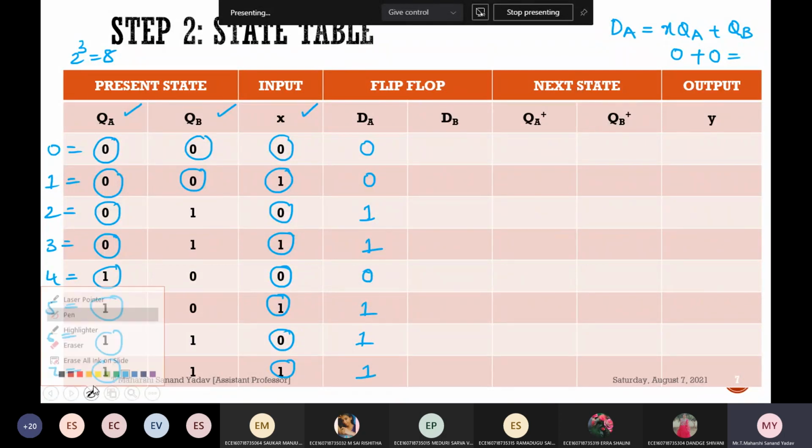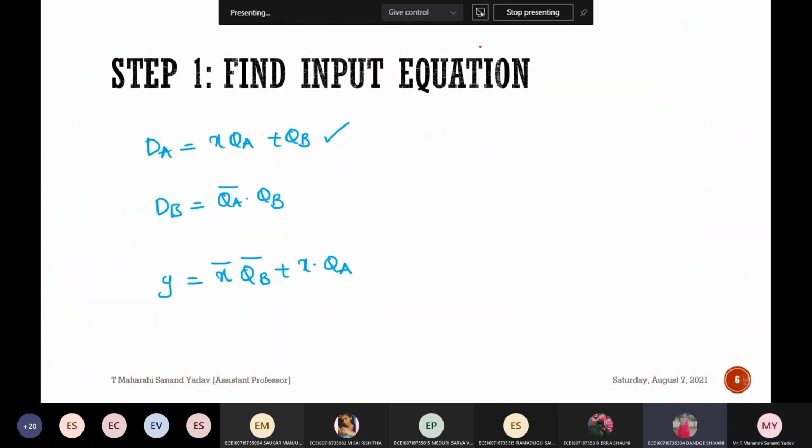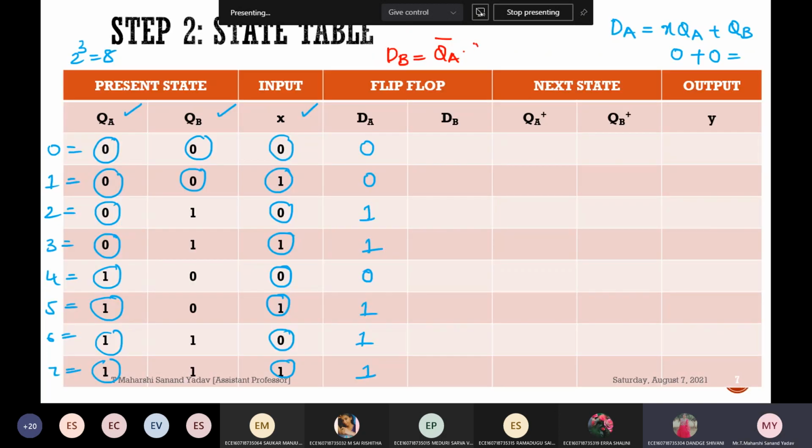Tell me for dB, what was the expression that we got? QA bar into QB. Right, QA complement dot QB. Please tell me the answers for dB. So better here only I'll write the QA complements.